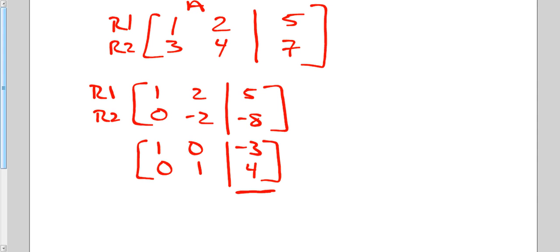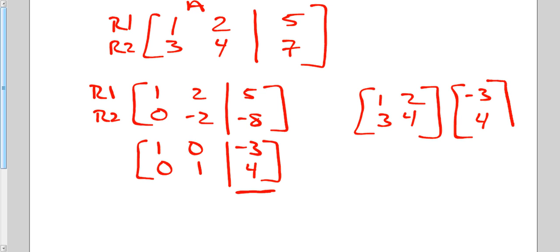Well, it doesn't go back to 5, 7. Here's what an inverse does. So remember, what does this mean? This -3, comma 4. It means that when I multiply 1, 2, 3, 4 by -3 and 4, when I do that multiplication, what do I get?